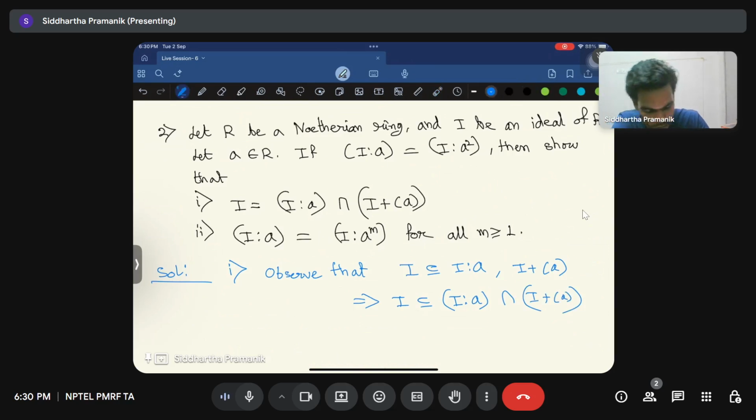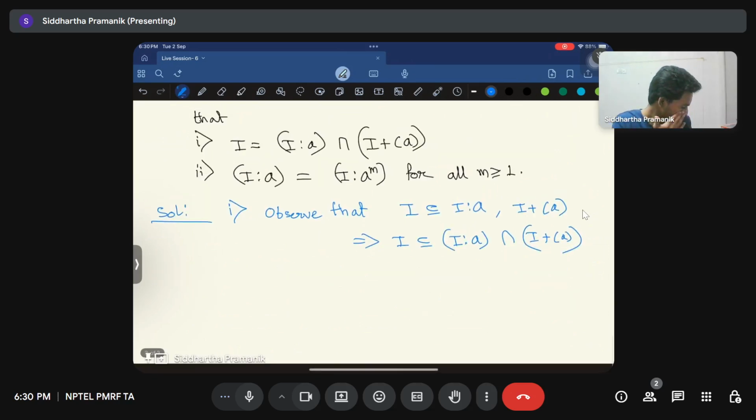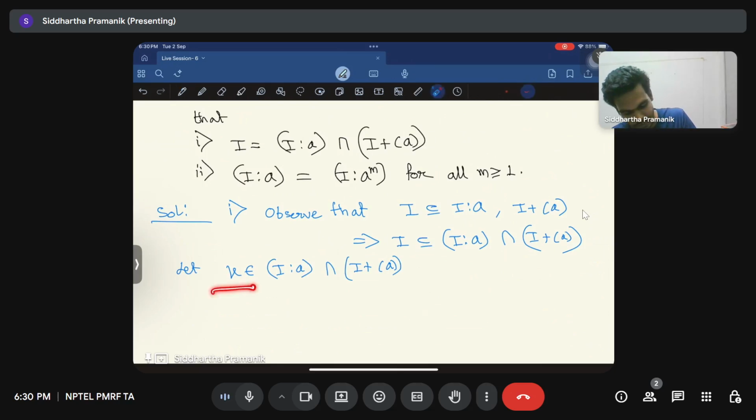So let's prove the other inclusion. Let x belong to I colon a intersection with I plus ideal generated by a. Now we need to prove that this x belongs to I. Then that will complete our proof for the first part.